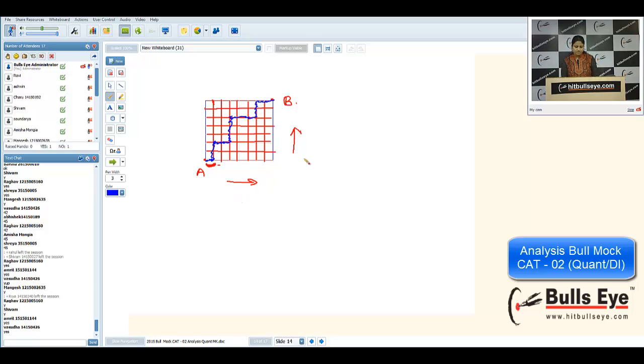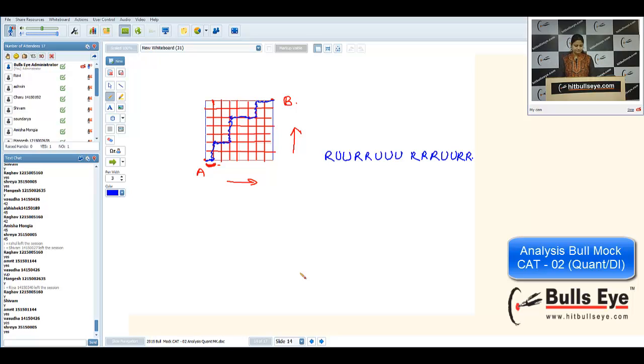Now I'm writing this path. In the first go you are taking a right, then you are moving upwards twice by taking 2 steps, then you are moving right 2 times, then upward 3 times, then right 3 times, then upward 2 times, then right 2 times. Is it okay with you? R stands for right and U stands for upward.